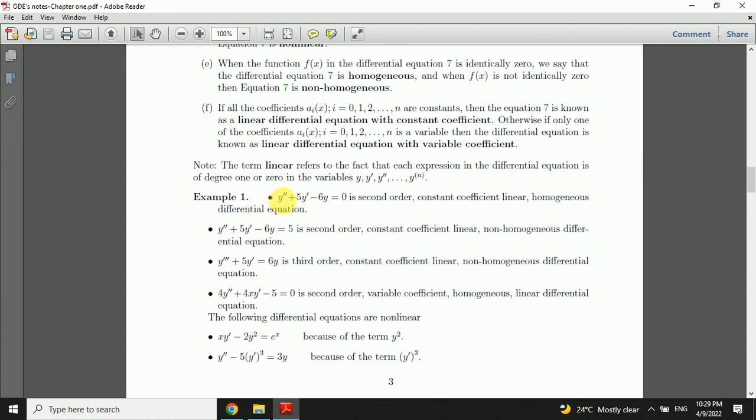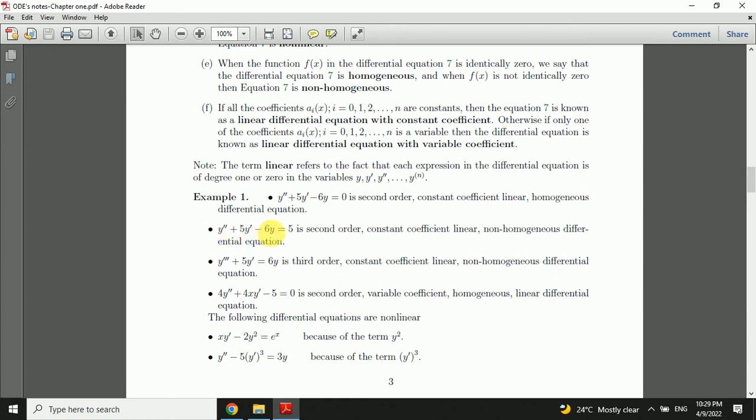All the coefficients are constants, so it qualifies to be a constant coefficient. Linear, because the powers on each of these derivatives, the y prime prime, the power is 1, y prime, the power is 1, and y, the power is 1. So it is linear, and it is homogeneous because it is equal to 0.